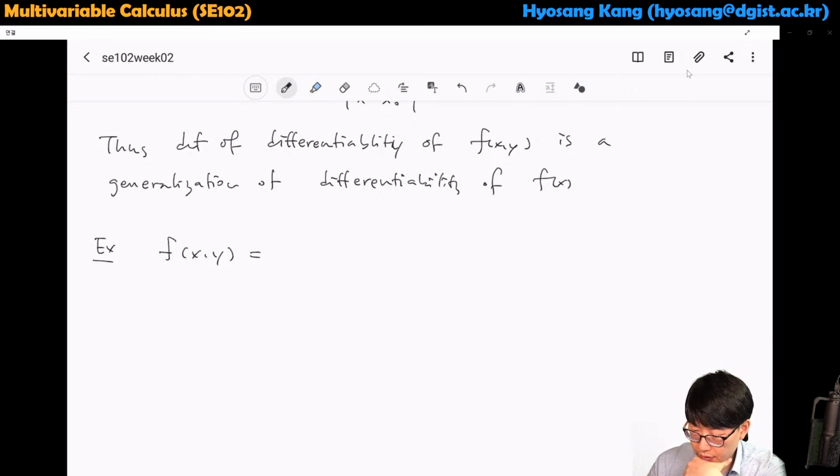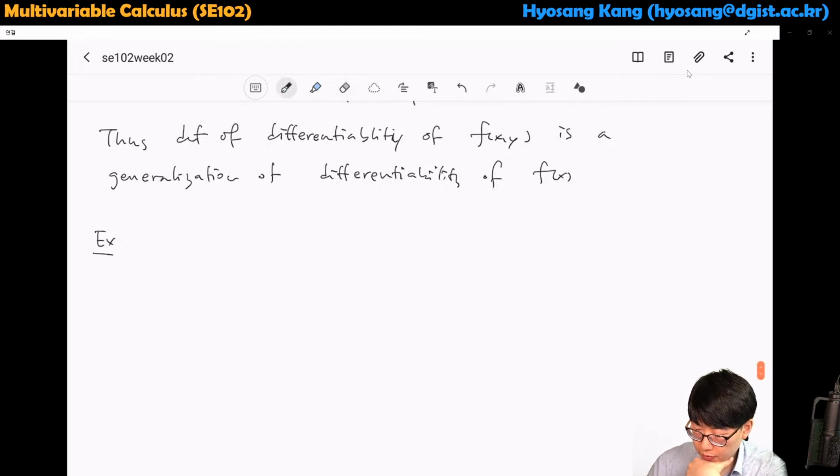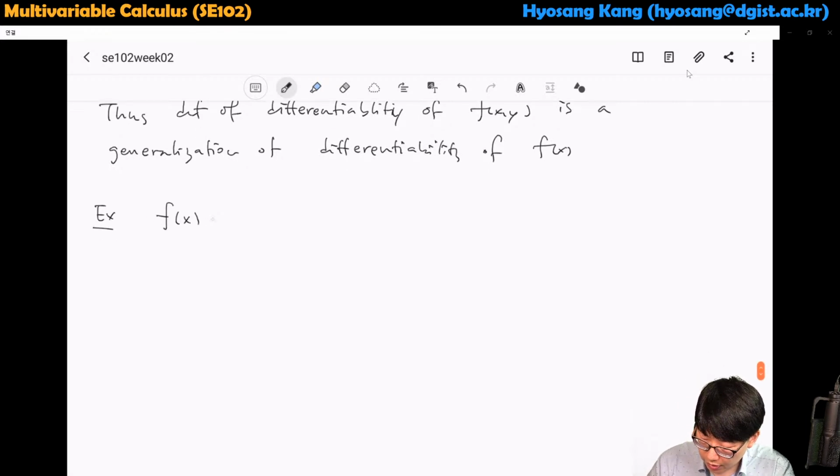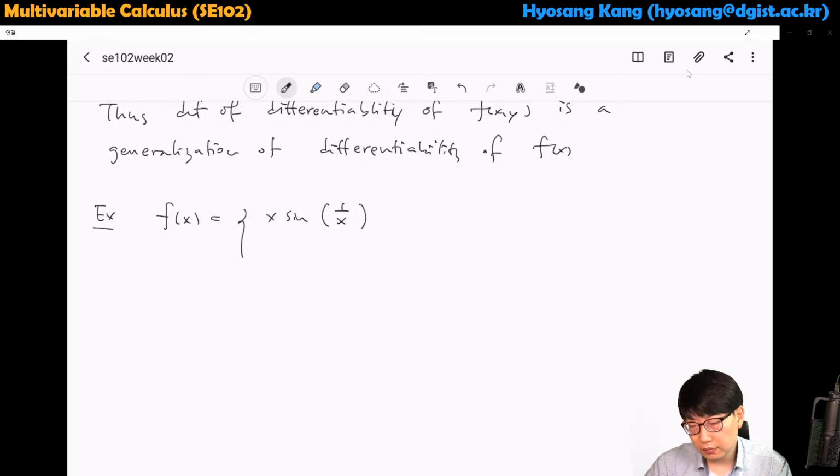So here's an example. Before I give this example right away, let's think about the single variable case first. Let me define a function x times sine 1 over x, or let's say x squared, sorry, I think it's better.